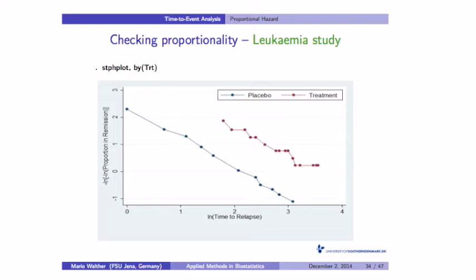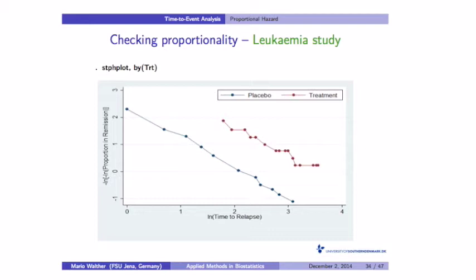This proportional hazard plot is based on the estimation via the Kaplan-Meier estimator. So here you see the log of the survival probability plotted against the logarithm of the time. Here in this case time to relapse.